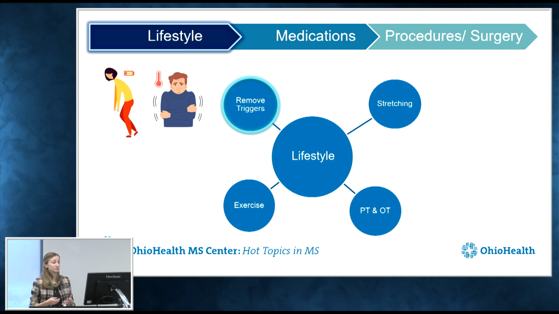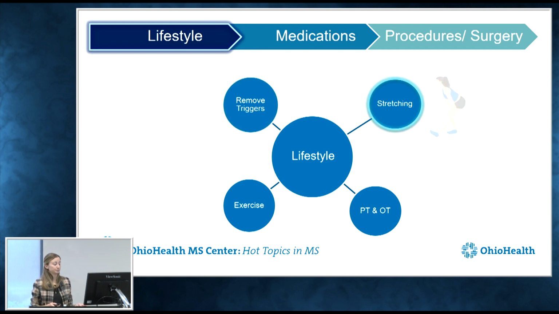Sometimes it's extremes of temperature, like cold temperature, or fatigue, or being sick, or emotional stress, constipation, or urinary retention. Some of those things can be avoided. Others, like stress, it's a little harder to avoid. But when we can remove the triggers, that can be helpful.